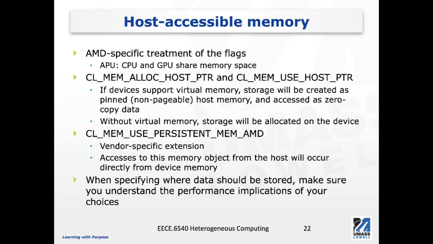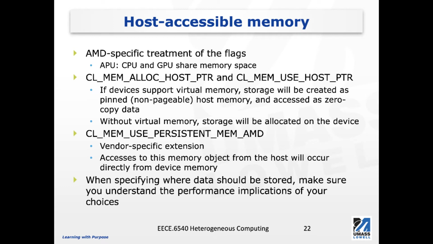So CL_MEM_ALLOC_HOST_PTR and CL_MEM_USE_HOST_PTR will be essentially the same because if the device supports virtual memory, which is the shared memory space between the CPU and GPU, the storage will be created as pinned host memory, and it will be accessed using zero copy. If no such virtual memory is enabled or available, then storage will be allocated on the device side.